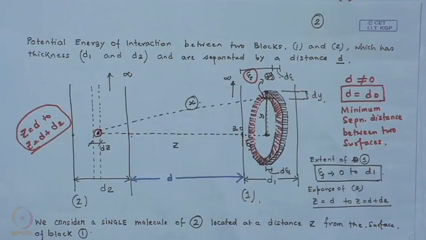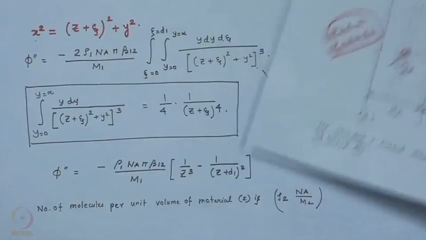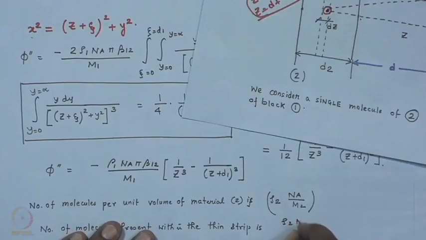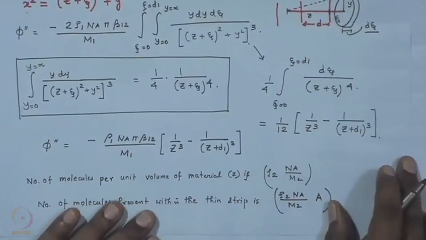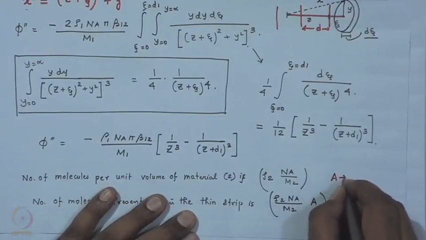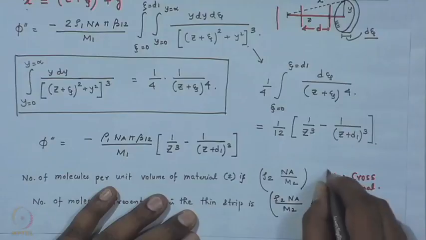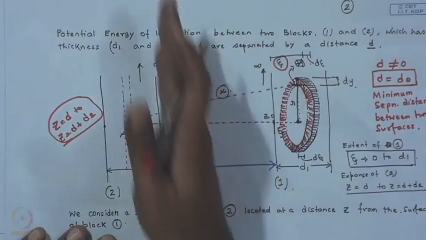Therefore, the number of molecules present within this thin strip is rho 2 Na by m2 into A, where A is the cross sectional area, okay, which is this cross sectional area perpendicular to the direction of this.